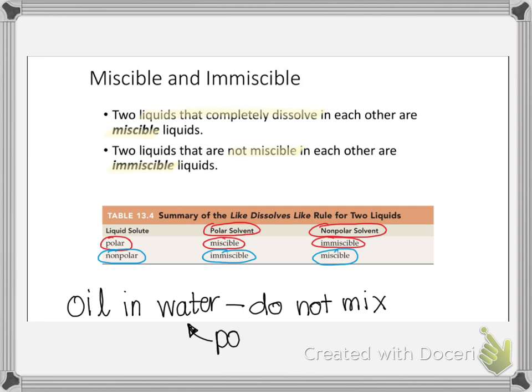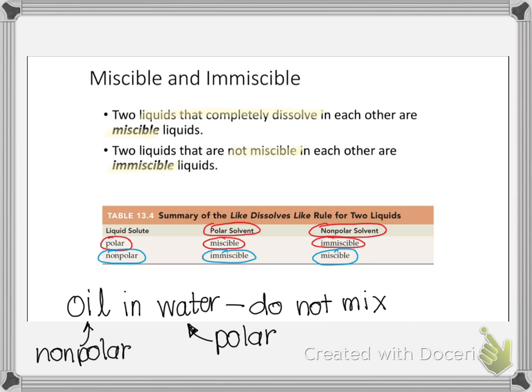You may not know very much about oil, but I know water is polar. So what would oil have to be? Non-polar, right? That's why they don't mix. Oil is a non-polar substance. Water is a polar substance, and so they won't mix with each other.